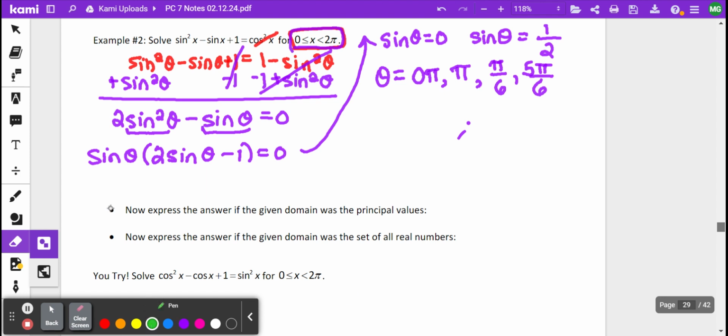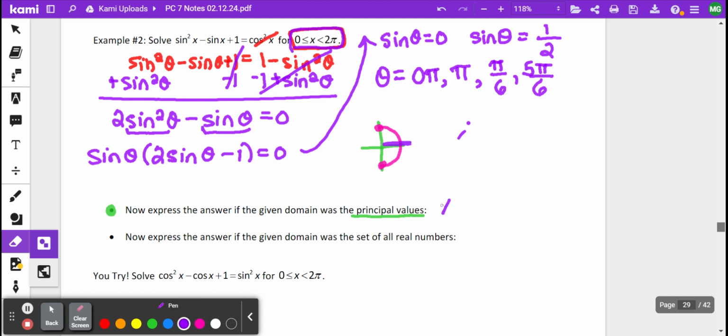Going a little backwards on this one because now we're restricting the domain where we say we'll express it if we were just working with the principal values. So we have to remember that only the answers that fall between negative pi over 2 and pi over 2 will be our answers, including both of those values. So 0 pi would be right here.